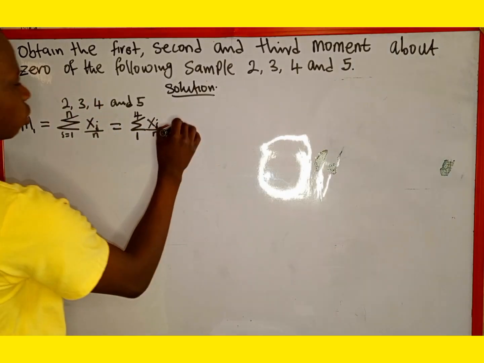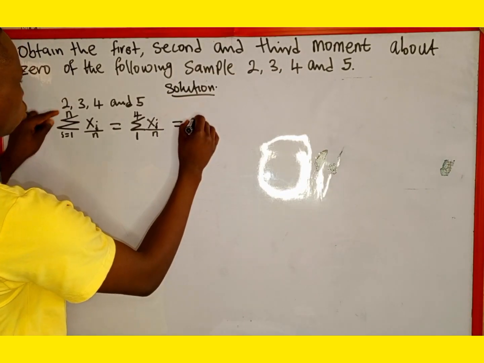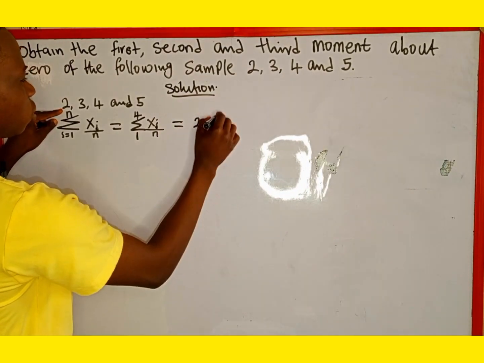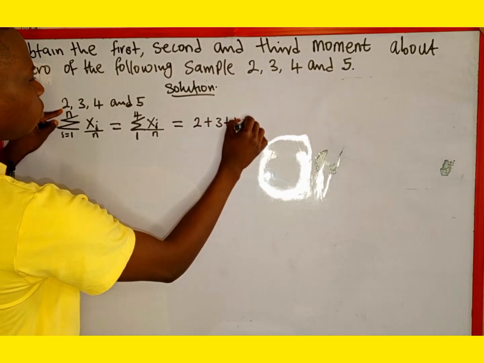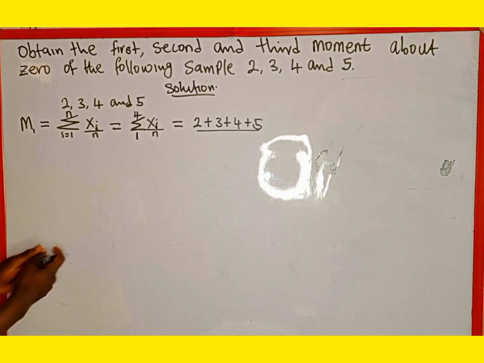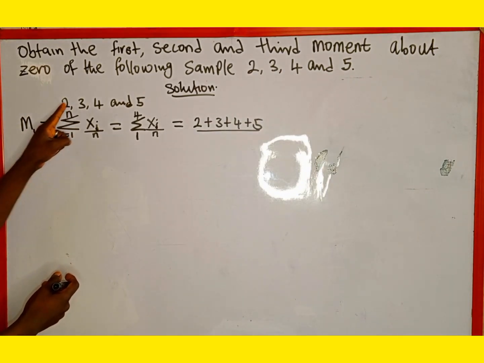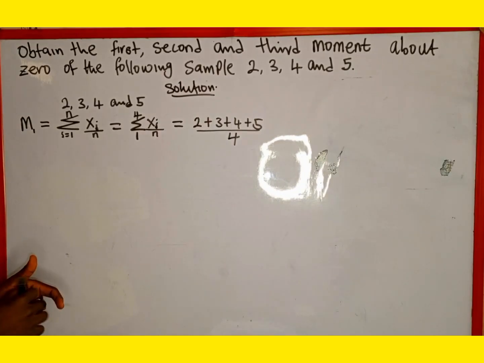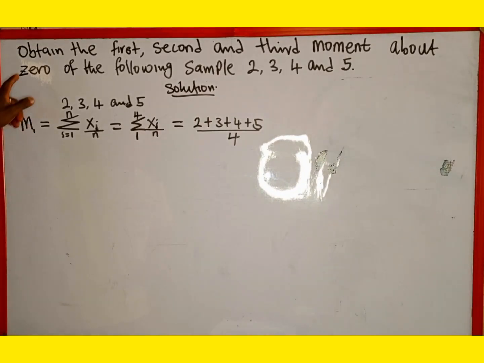So we're going to have 2 plus 3 plus 4 plus 5, then everything divided by n. N is the total number of the sample, which is 4. So this is how to calculate the first moment about zero.